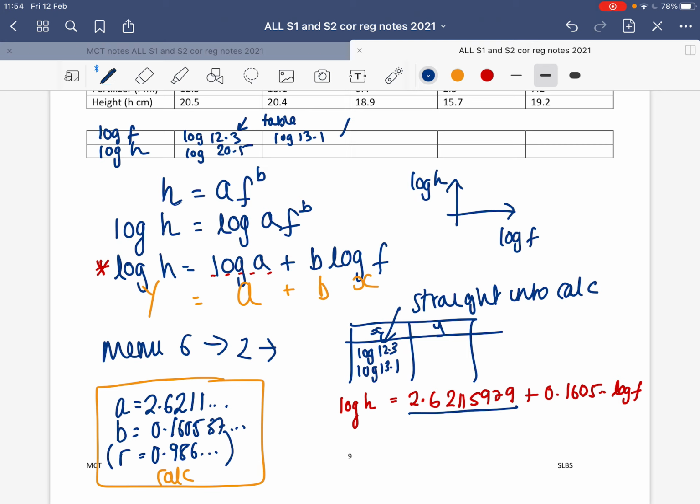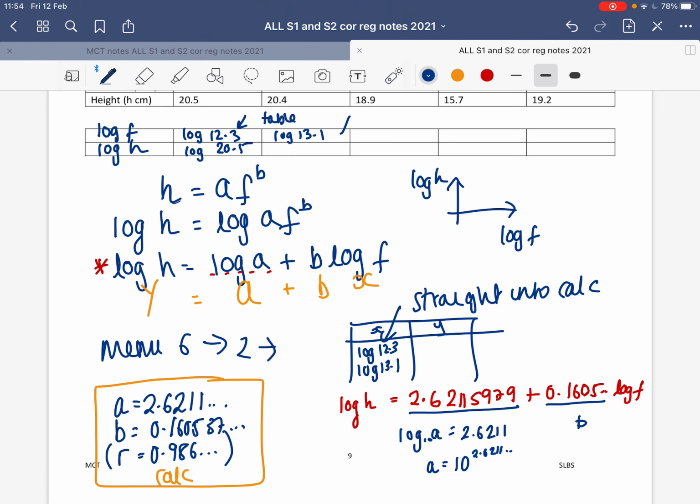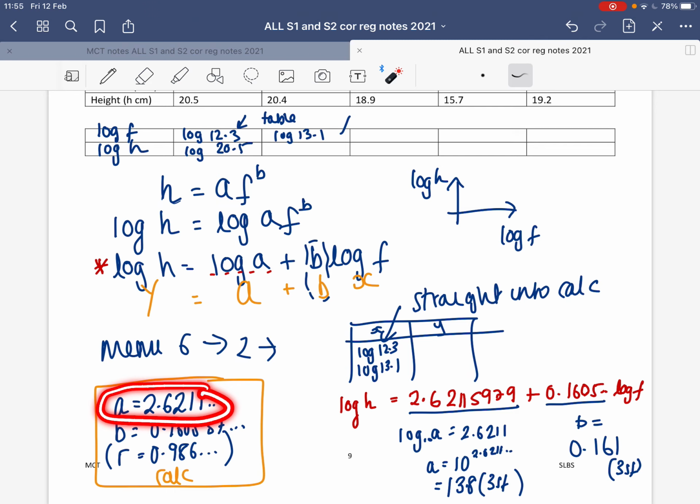So what they were asking for was, this is now equal to log A, and this bit is equal to B, and they want the values of A and B. So this is 10 to the power of 2.6211, blah, blah, because you assume this is log base 10 of A, so you undo the log, and that gives me 13.8 to 3 significant figures, and the value of B to 3 significant figures is 0.161. Don't have to do anything with that, because that is just B as it stands.